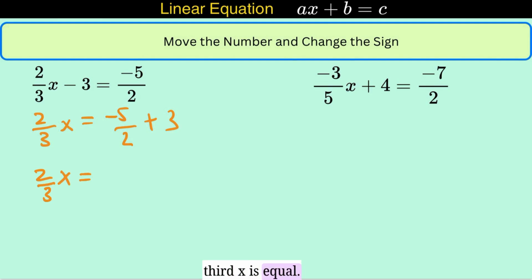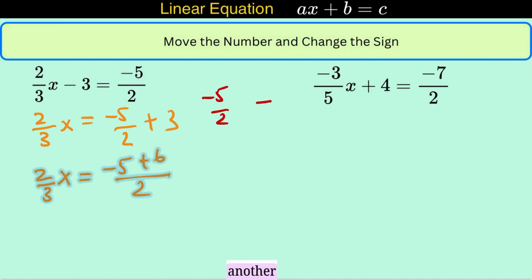So I have 2/3 x is equal. Here I'm going to put the same denominator, so negative 5 over 2. This one here is 3, so I'm going to multiply this by 2, and this will give me 6 plus 6 over 2. So negative 5 over 2, I need another 2 in here for the 3.